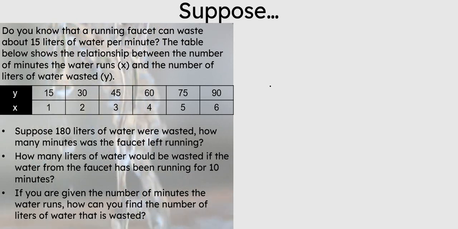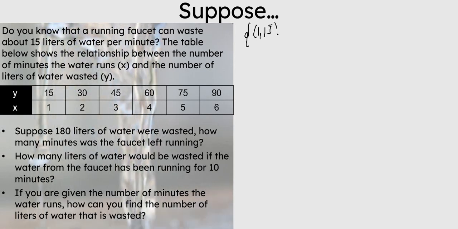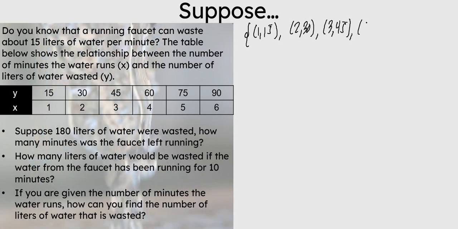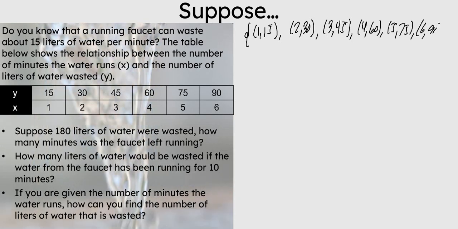So, let's examine this relation here. If we would write the relation as a set of ordered pairs, we would have (1, 15), (2, 30), (3, 45), (4, 60), (5, 75), and (6, 90).